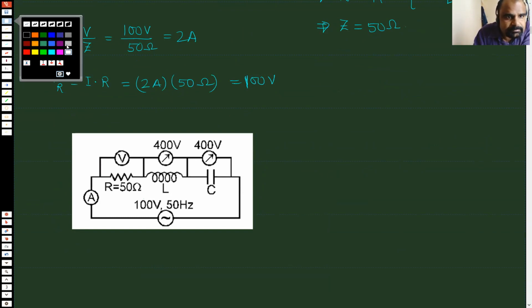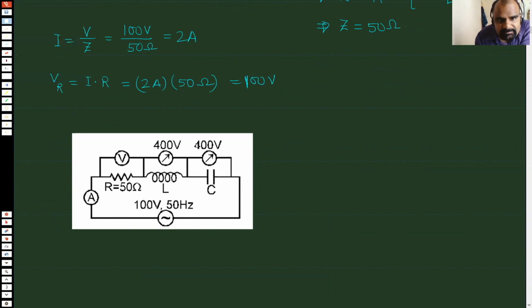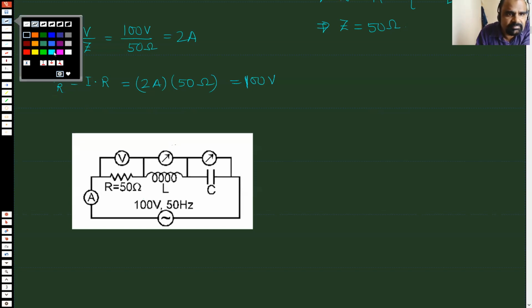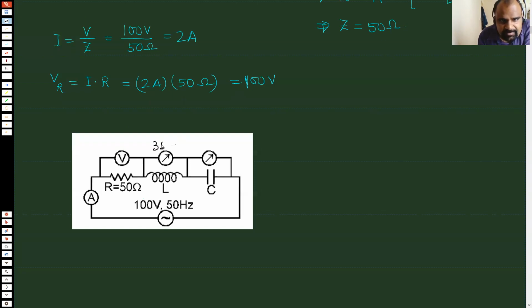I will change this data and this data. I will write this voltage to be, let's say, 350 volt, and this one is 300 volts. Okay, so this is a new question.